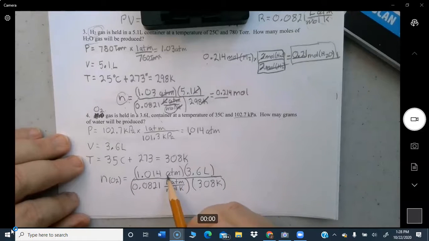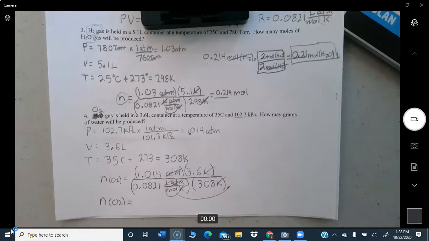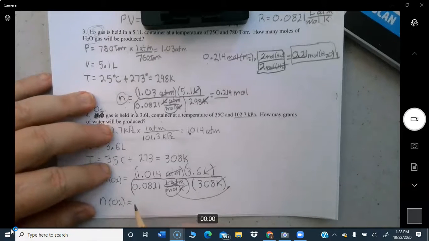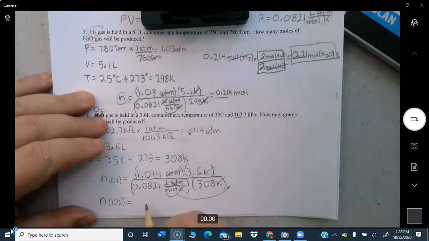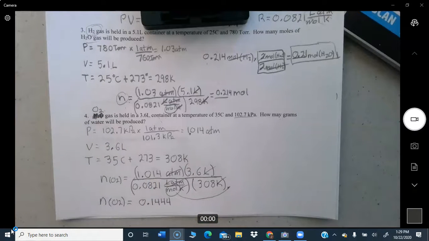So atmosphere, numerator top, denominator top cancels, liters, numerator top, denominator top cancels, Kelvin, denominator top, denominator bottom cancels. Again, same way it canceled last time. So I'm going to put that actually down here. The number of moles of O2, I get 0.1444. I have 4 significant figures there, so I'm going to hold that till the end of the problem.